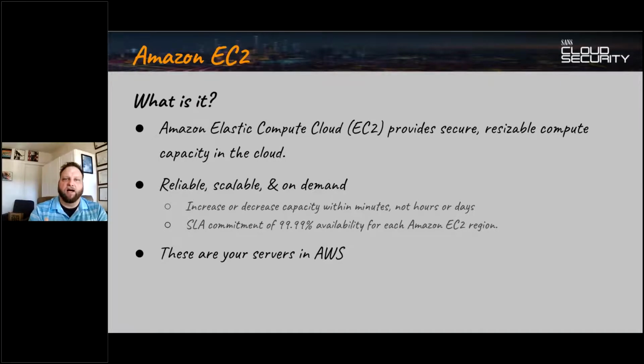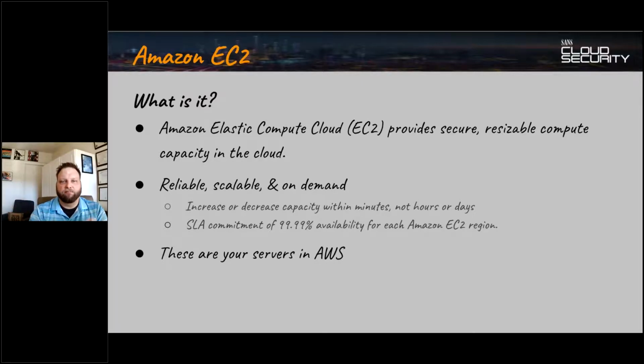So what else? You can increase or decrease capacity in minutes. Remember, if you have an on-premise server, it's really hard to increase your capacity when you're dealing with physical devices, physical machines. So scale within minutes, not hours or days. And their SLA commitment is 99.9% availability for each Amazon EC2 region. It's pretty good.